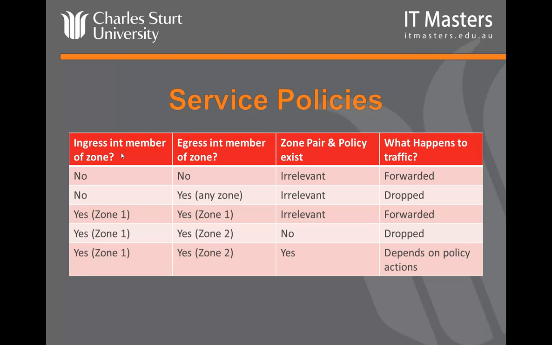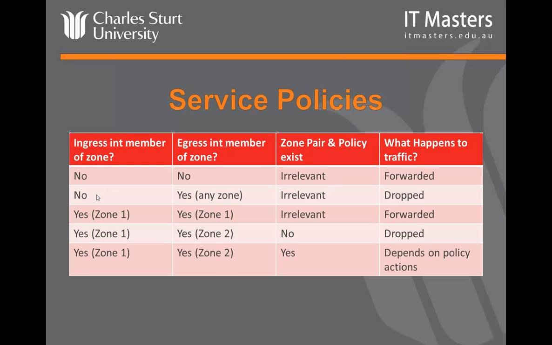If your ingress interface, in this case coming from the outside to in, so your outside interface, and your egress interface, the interface going the other way, are neither a member of a zone, then it doesn't matter whether the zone pair and policy exist or not, the traffic will just be forwarded. Basically we're saying don't apply any security to these interfaces, let's just forward the traffic.